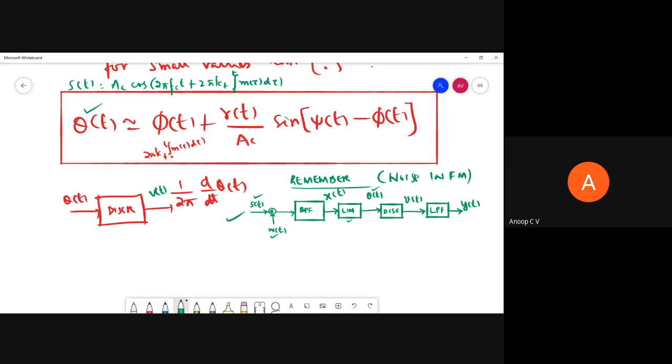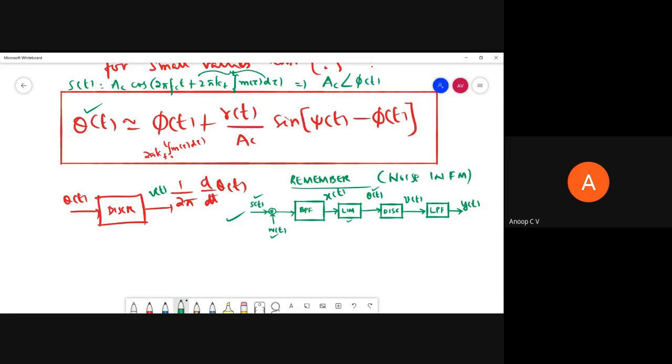This entire thing is phi of t. If we represent s of t as a phasor, it is A_c angle phi of t, so phi of t is the angle of s of t.